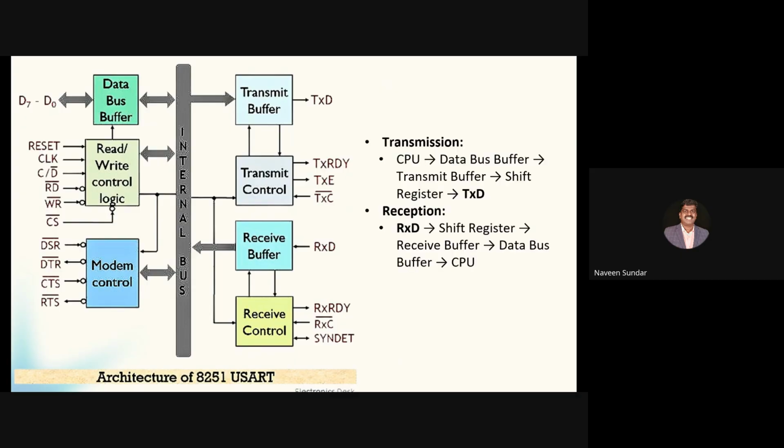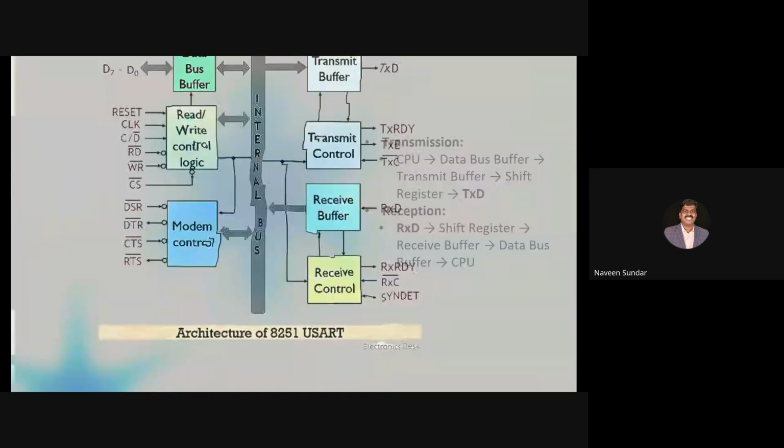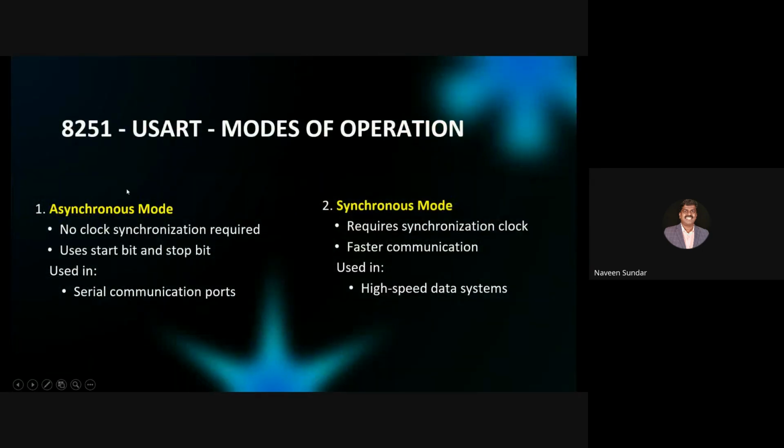And then we will see mainly about the asynchronous and synchronous mode. Till now, we have seen the receiver and transmitter parts and how the bits are configured. Now we are going to see the difference between synchronous and asynchronous. First, an asynchronous example is UART or serial port, like RS-232.